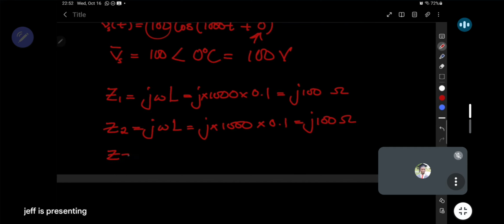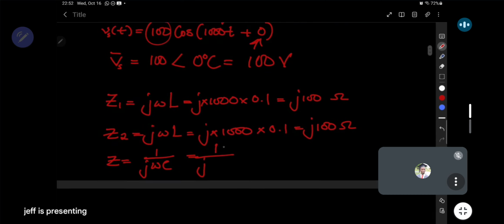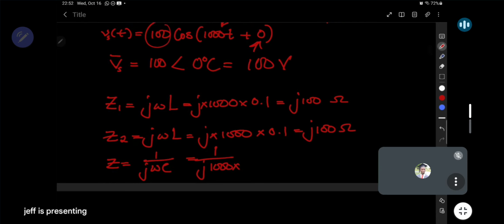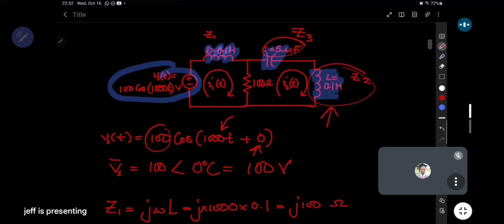Let's look at the capacitor. The capacitor, we know it's 1 over j omega C, which is 1 over j. What is our omega? Still 1000. What is our C? The capacitance. Capacitance here is 5 microfarads.